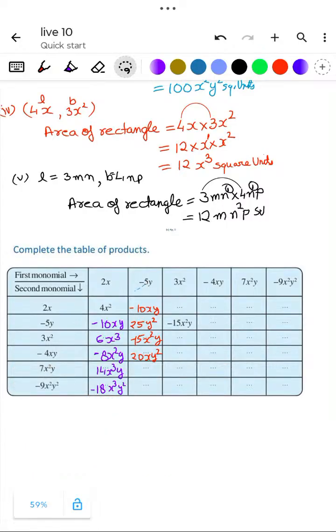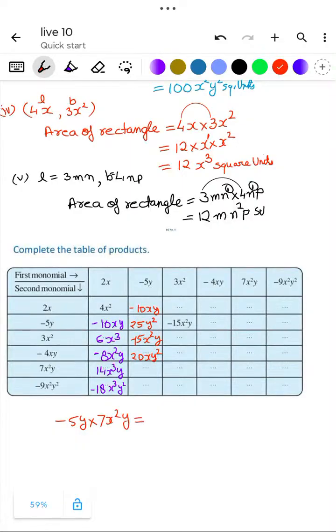Now next is negative 5y into 7x square y. We have to multiply these two terms and write the answer over here. So this will be negative 5y times 7x square y.